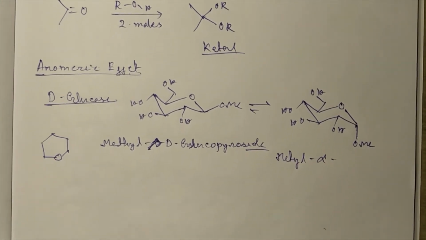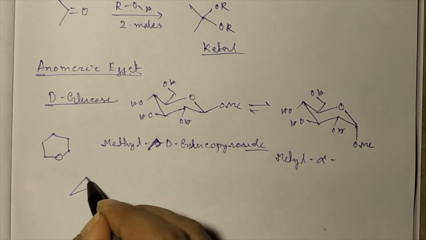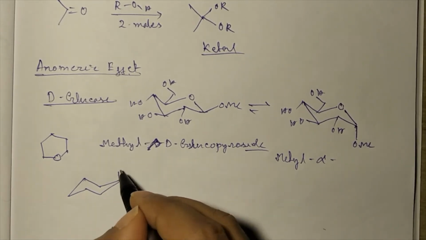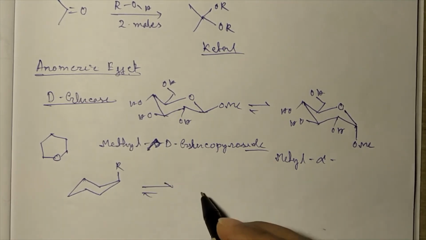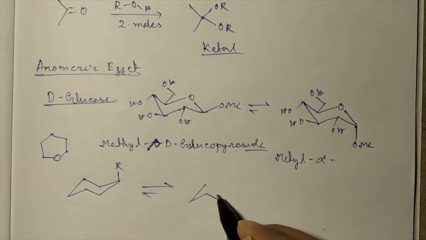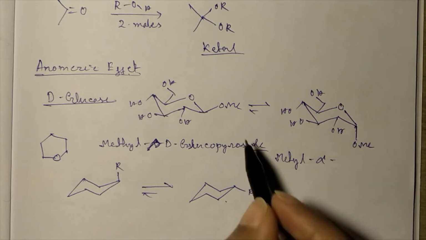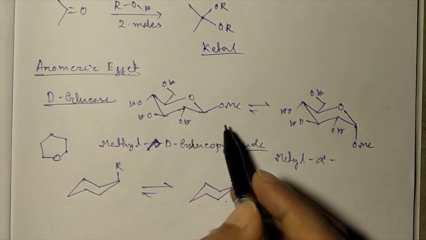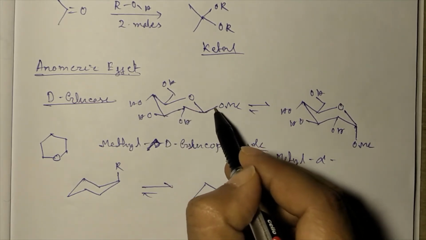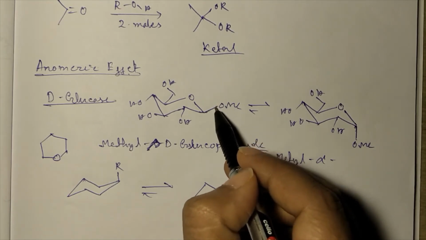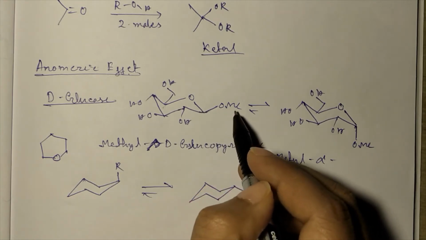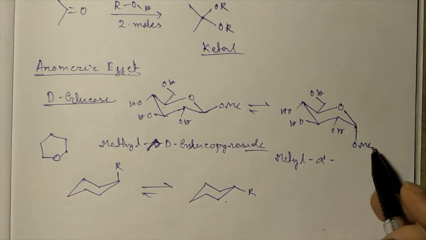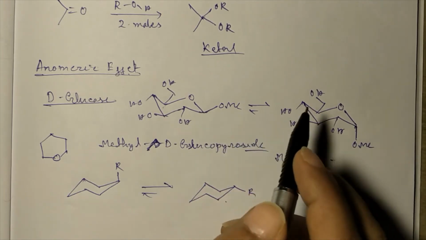Generally, in a cyclohexane derivative, a group, let's say R, preferentially remains in the equatorial position. This is more stable than this. But in the case of a pyranose derivative, if an electron withdrawing group is attached to this pyranose ring, then it will preferentially occupy the axial position rather than the equatorial position.